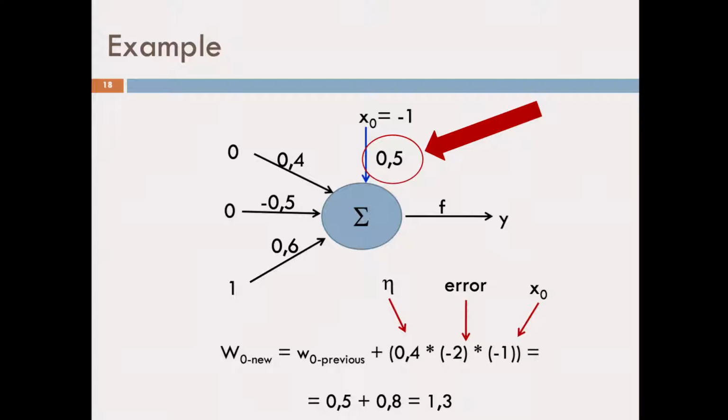So the new W0, the W0 in the next iteration, is going to be the current W0 plus the learning rate, which is 0.4, times the error, times the signal that is associated to this weight. The signal is -1. So the result of this calculation is 1.3. Now the new value of 0.5 is going to be 1.3.